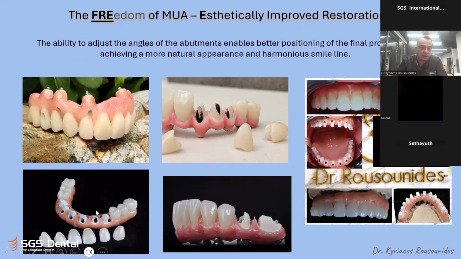This is a PEEK restoration here, for example. The implants were done by another colleague, and I had to do the prosthetics only. We had to find solutions because the angulations were not very good. We didn't have the multi-unit opportunity at that time, so we tried to correct them with single crowns glued on the skeleton here.